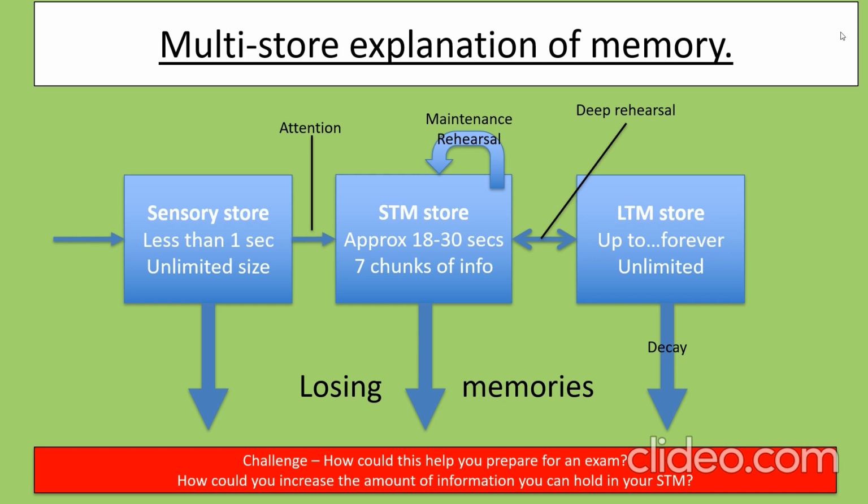How this whole process works: any memory always starts in the environment, whether you're hearing something or seeing something. Any of your senses that pick up information from the environment, all that information starts as a memory in the sensory store.